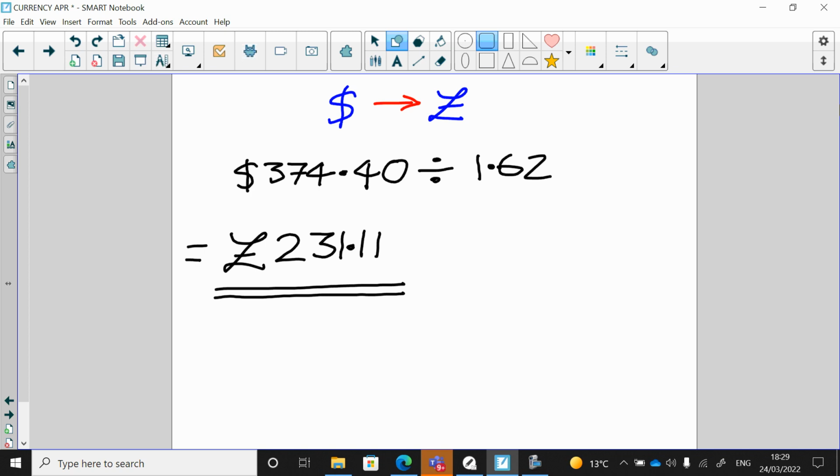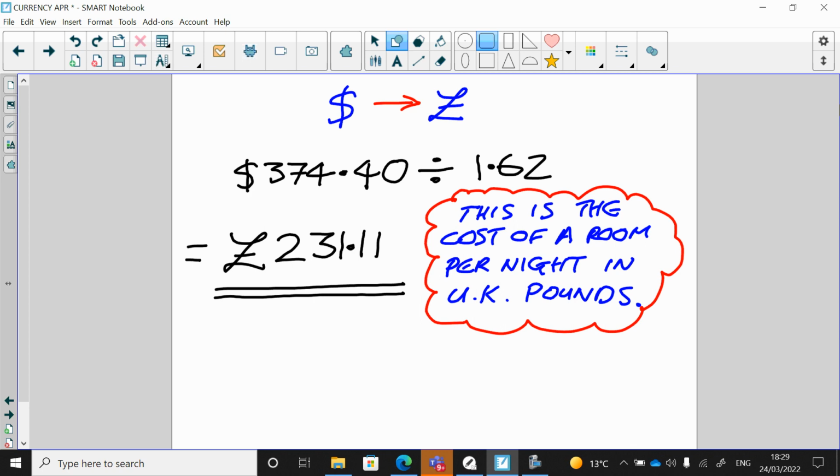So 231.11. That looks like the cost of a room per night in UK pounds. Again, very, very expensive. Okay, let's move on.